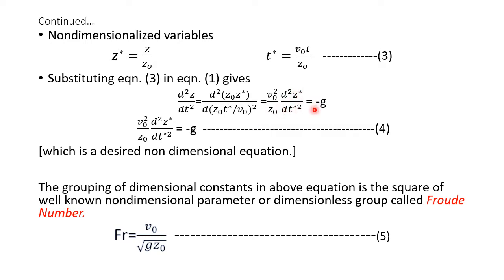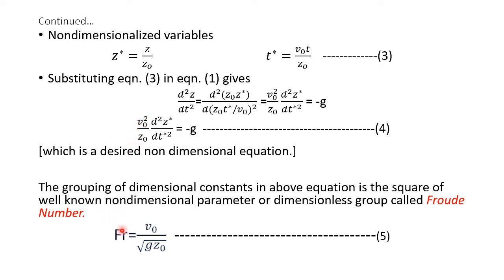Now when I take this g to the denominator and look at these constants, I have v naught square by g z naught. When I remove the square, it becomes a square root in the denominator, that is v naught by square root of g z naught.